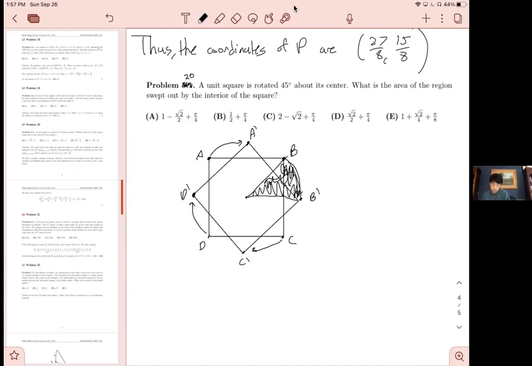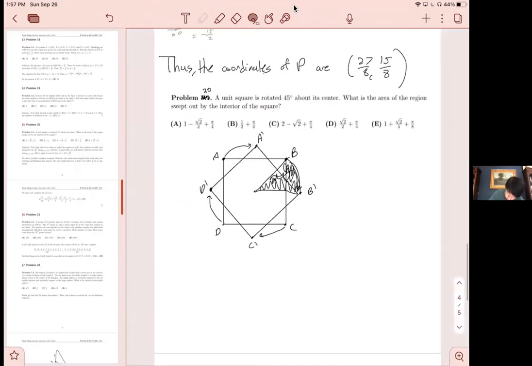And so now the tricky part is A prime to B, for example. What kind of shape do we have here? What marks the boundary of the region that got swept out?